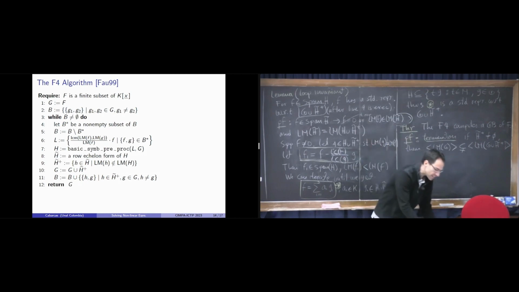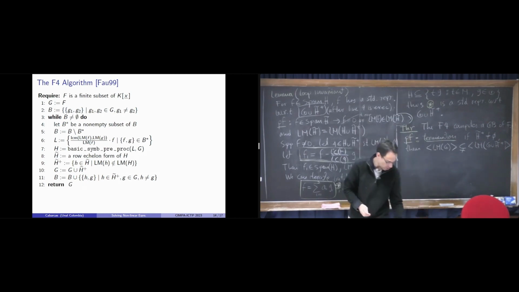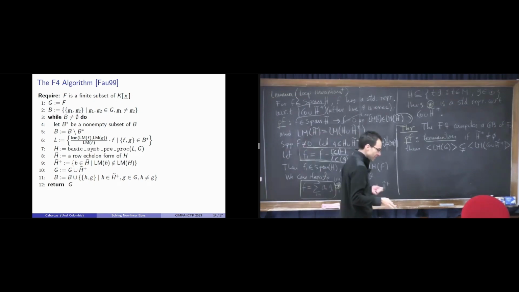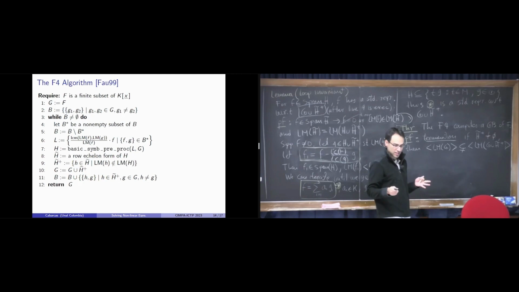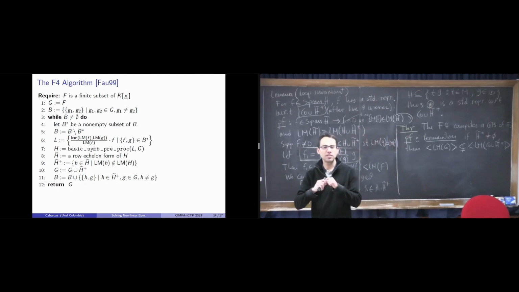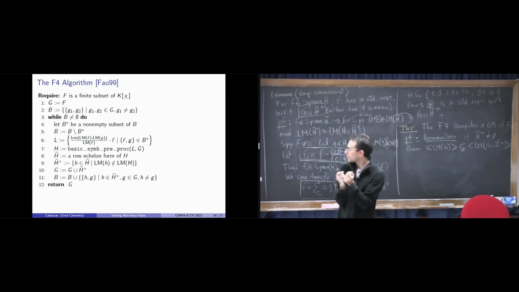The ideal generated by the leading monomials grows every time we insert something new into G. And since this is a Noetherian ring, this has to stabilize at some point, it must stop growing.